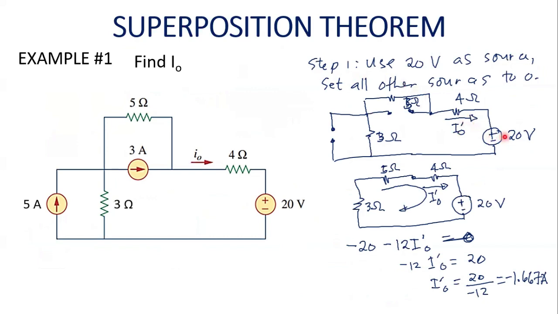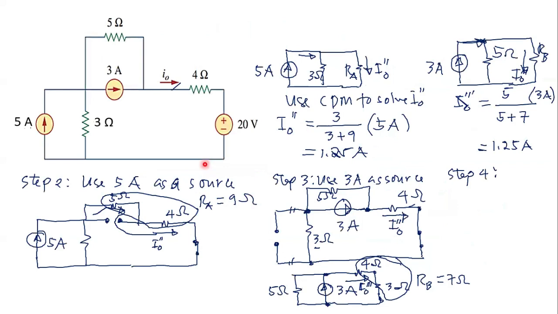When 20 volts is acting independently, the current IO here is to the right, which is the same direction as the IO in the given circuit. Okay, likewise, in step 2, when the source is 5 amperes, we also let IO double prime the same direction as IO, as well as in the 3 ampere source circuit, the IO triple prime is also directed to the right.